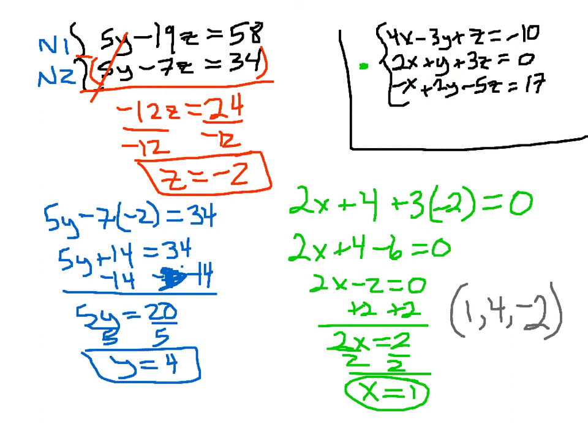It doesn't matter as long as you eliminate the same variable from two of the equations. You'll get your new number 1 or your new number 2, maybe you'll get your new number 3, but you're eliminating the same variable from two separate equations. And that allows us to get a system that we can solve and then use backward substitution, plug those in, and solve for x.